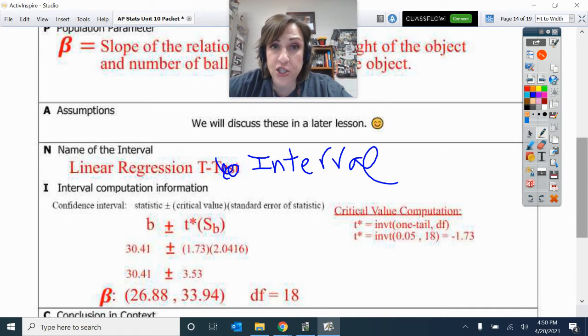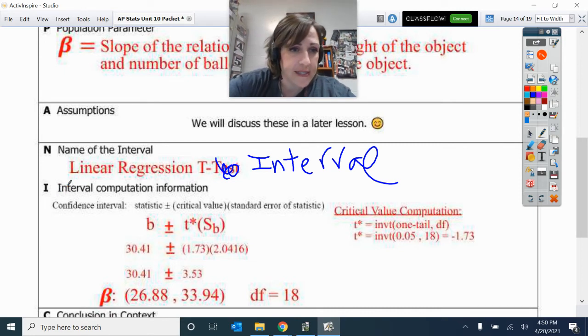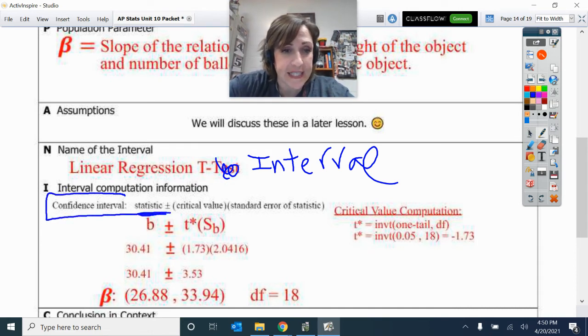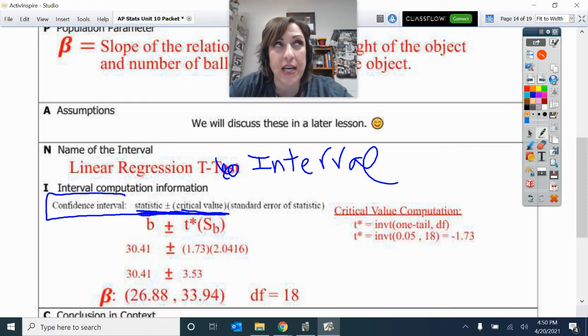So I want you to remember from the formula chart, on the front page, the confidence interval is that statistic, what we're estimating, plus or minus the critical value, that's t star, based on how confident they want me to be, and then the standard error of the statistic.